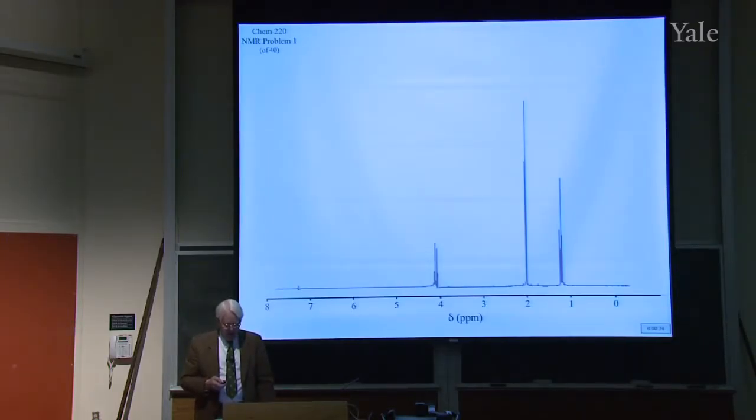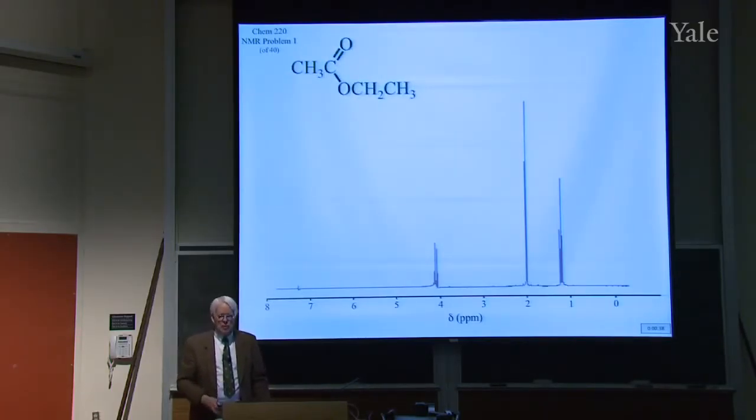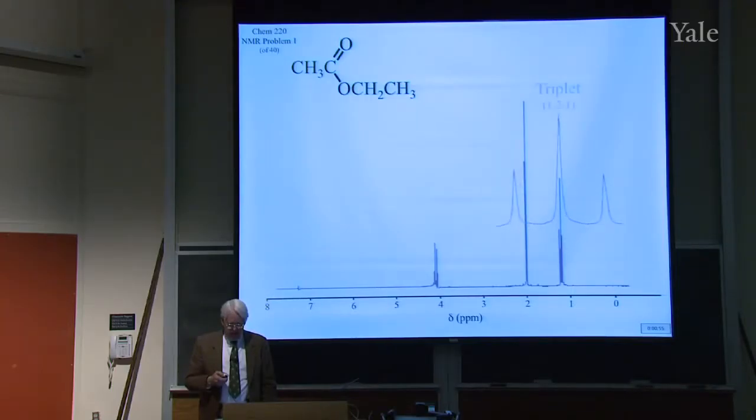Now you can see there are three kinds of protons in this. It turns out, I'll give you the answer first, that it's ethyl acetate, okay? So there'll be two groups of 3 protons and one group of 2 protons. So obviously these are the 3 and that's the 2, okay? But let's zoom in, as that website allows you to do.